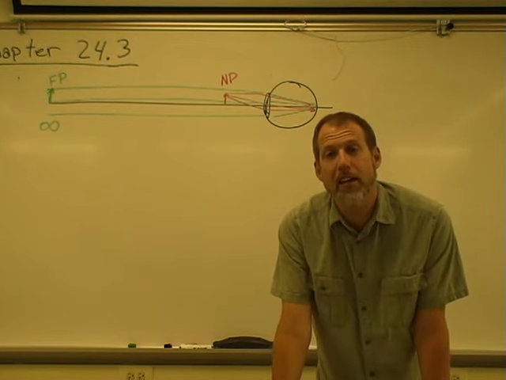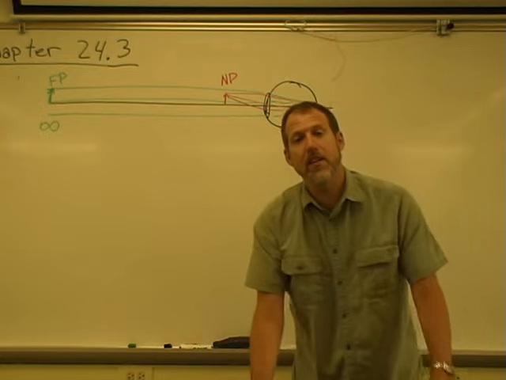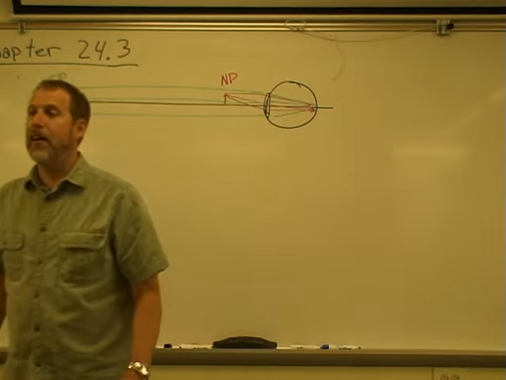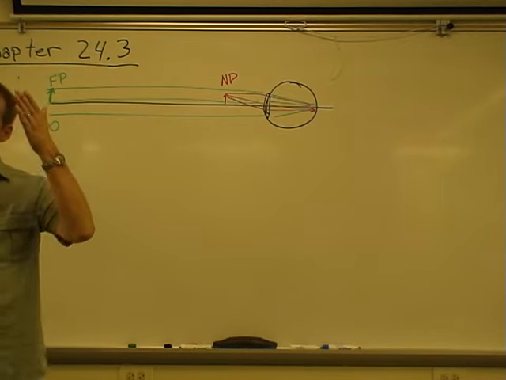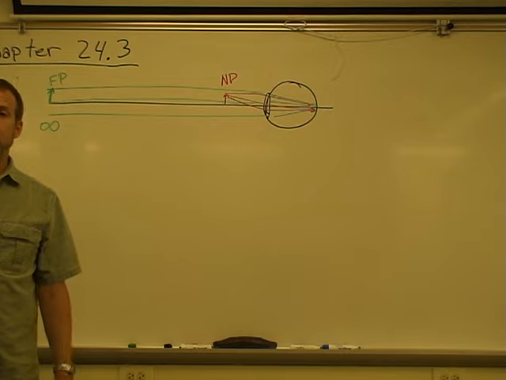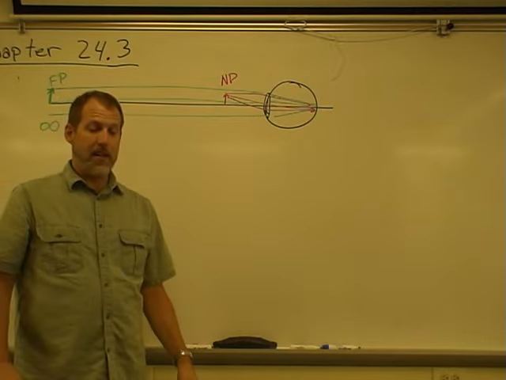Again, as we're correcting for, if you have the inability to see things too close to your eye, we're going to try and correct that by having your eyeglasses move your effective near point, so that your comfortable near point contains stuff you want to look at.